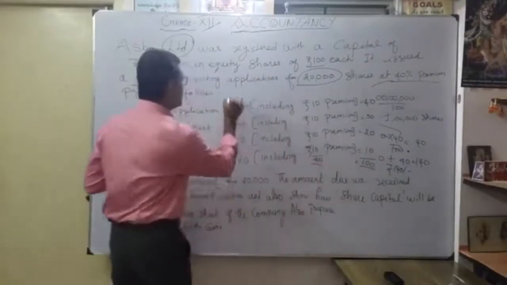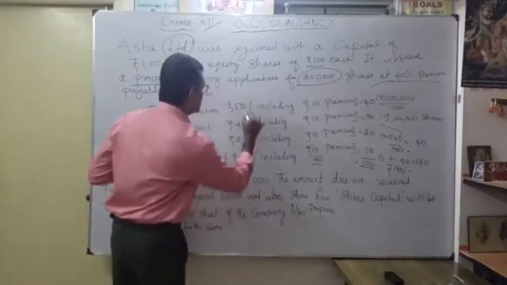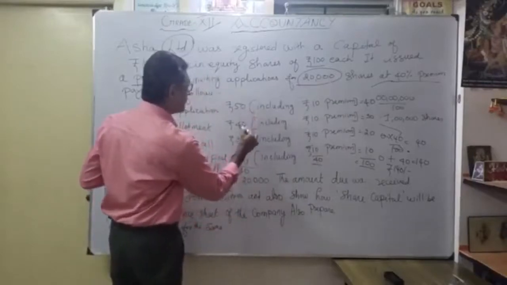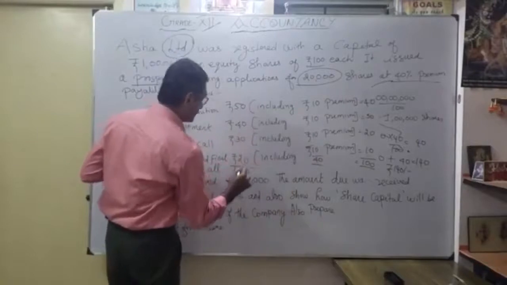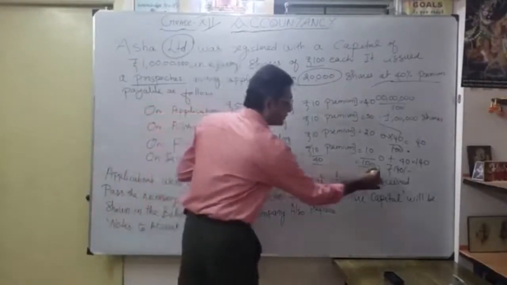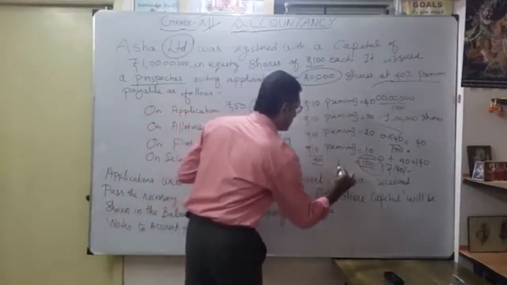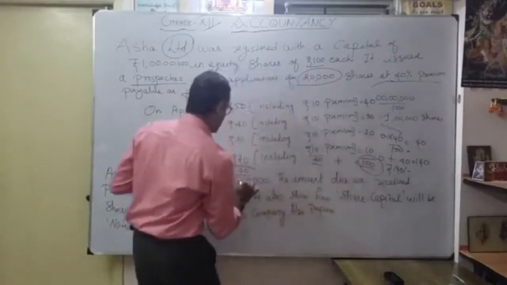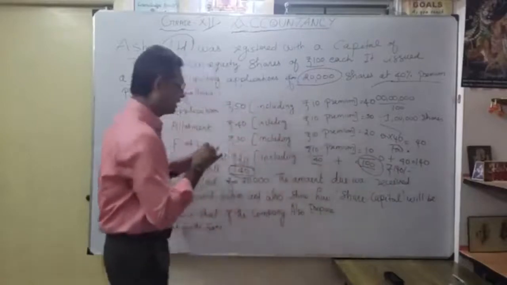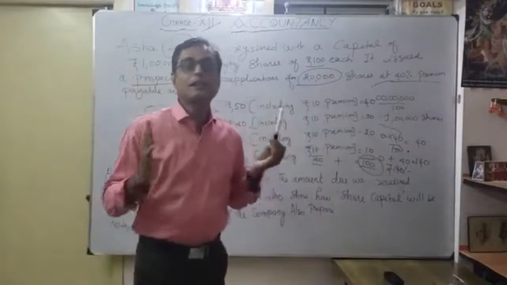When you total everything, it is 140. The breakup is 100 rupees face value plus 40 rupees premium, total 140. You understood? That is how you prepare journal entries at each and every stage.